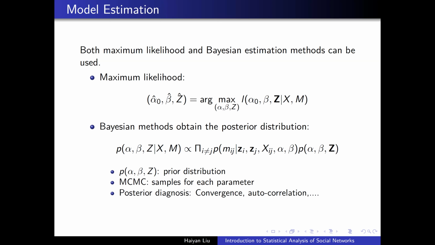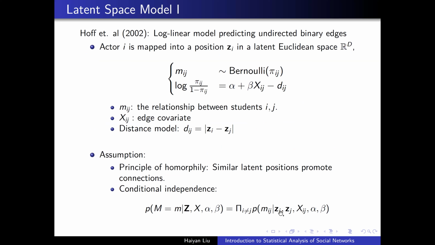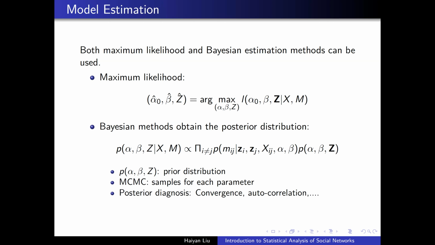We already have the likelihood function, and then we take the logarithm to get the log likelihood. So the maximum likelihood estimator is the set of parameter values which maximize the log likelihood. We can use a Newton type of algorithm to obtain that.